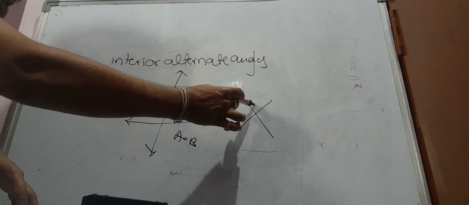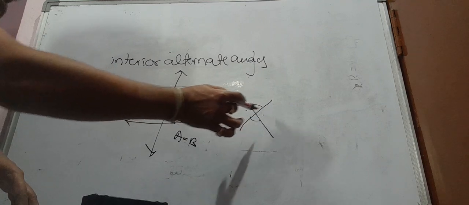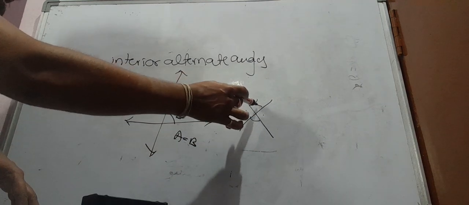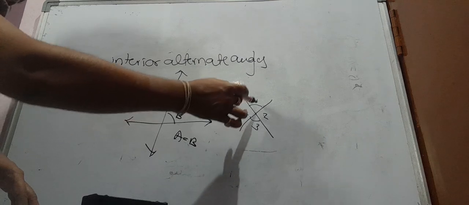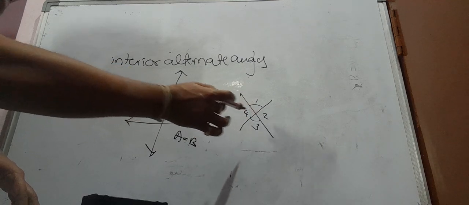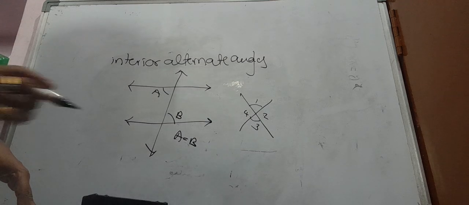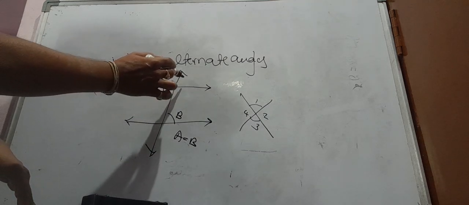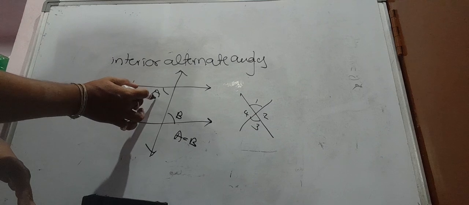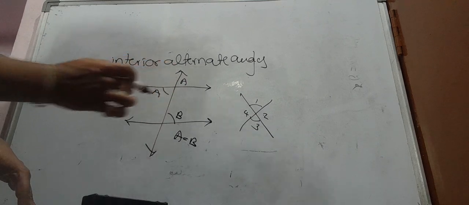Whenever two lines cut, four angles are formed, but in the four angles, 1 and 3 are equal and 2 and 4 are equal. If you want to learn, you can draw on one white paper and learn that vertically opposite angles are equal.